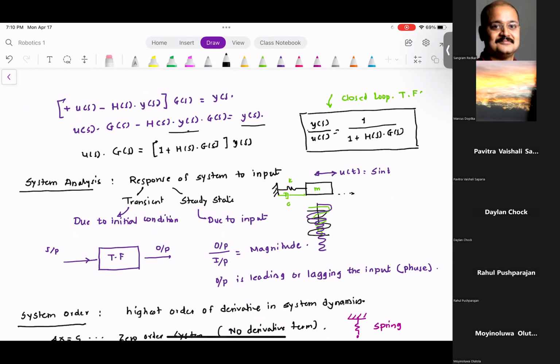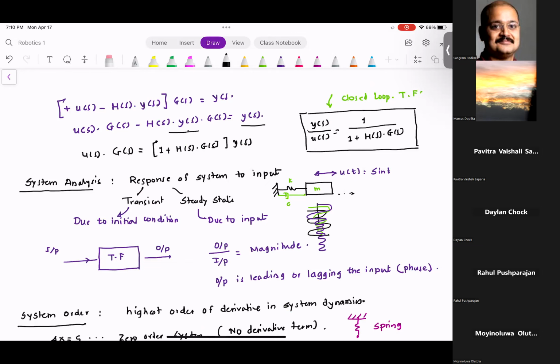The steady state response is dependent on the input. For a linear system, you can look at the ratio of output by input, which is the magnitude, and you can see whether the output is leading or lagging. That is called the phase.